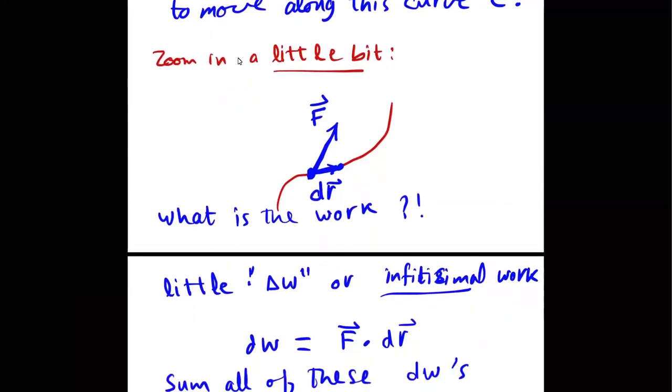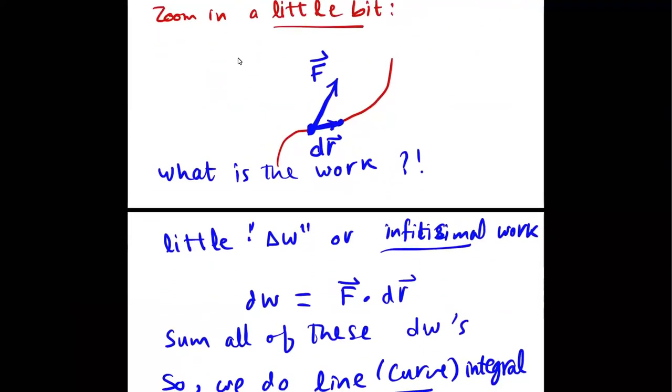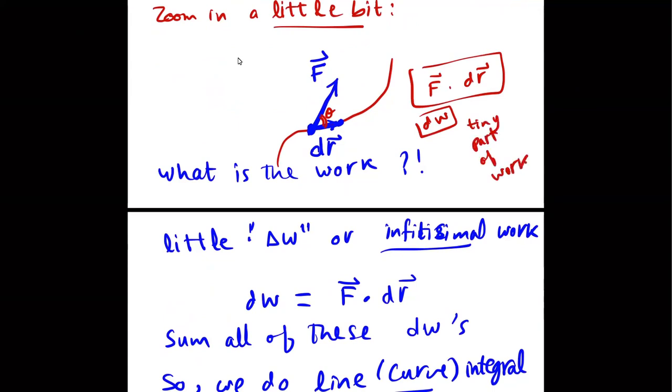So we zoomed in a little bit and calculate this F dot dr. So it is dW, d work. Notice that this tiny part of work, when added, means integrate, gives total work. Notice that the work is a scalar quantity.